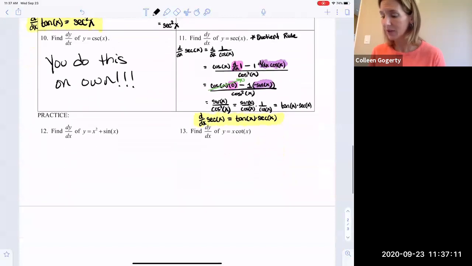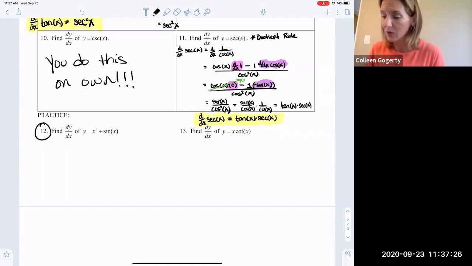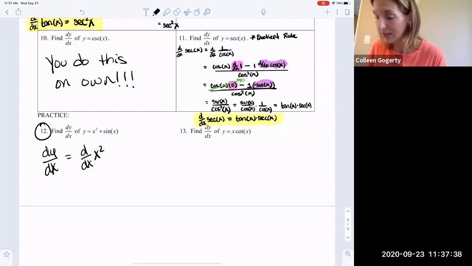So if we come down here to, let's say, number 12, and I'm asking you at this point to find the derivative, and we have the trig functions mixed in with it, we should be all good. If we have y equals x squared plus sine of x, then dy dx, if we're trying to track it down, you can find the derivative of each individual piece along the way.